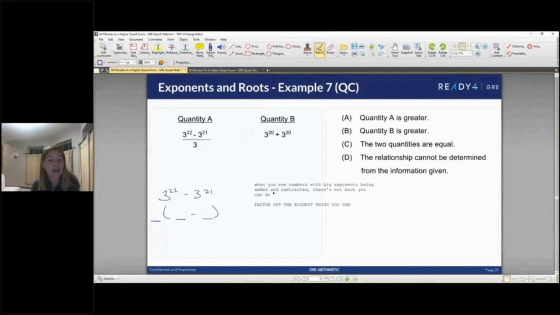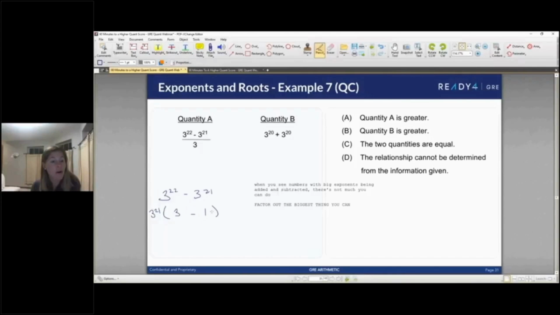And that's why I say there is nothing you can do except factor out the biggest thing you can. Don't get tempted to try anything else. And so what Ravi and Renuka have suggested is that we can factor out 3 to the 21st. If we do that, we are left with just 3 here and 1 here.